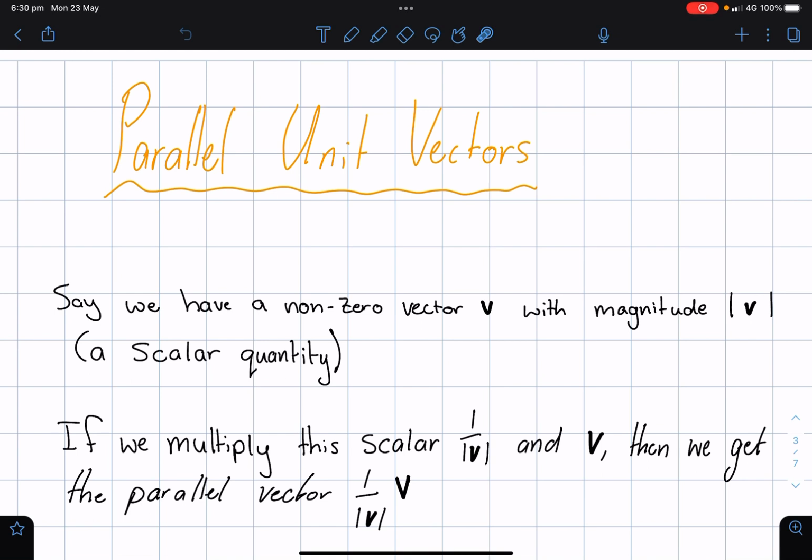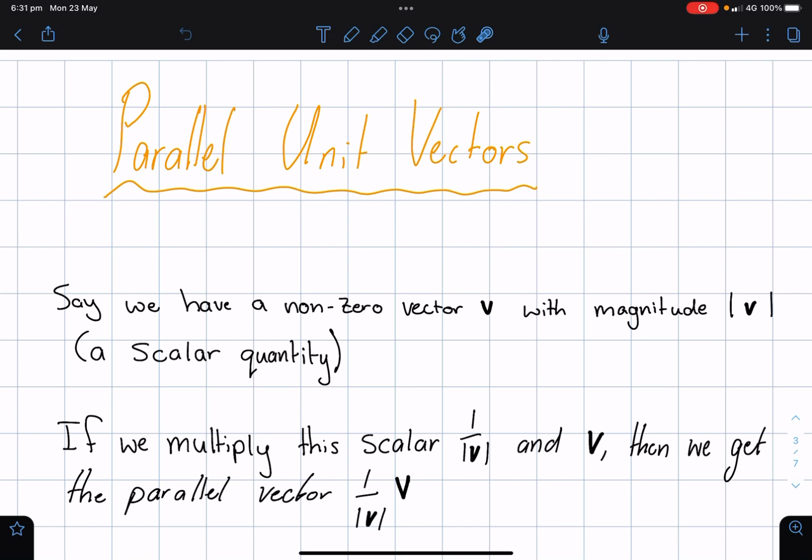So we have a non-zero vector v. We're going to use this vector v quite a bit in this first little bit, and it has a magnitude, mod v, and that's a scalar quantity. Now, if we multiply this scalar, 1 over mod v, and vector v itself, then we get the parallel vector 1 divided by the magnitude of v, times vector v.